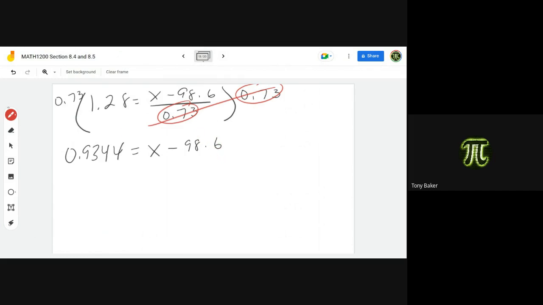Everybody good with that? And now I got to add the 98.6 to both sides. And I got 99.5 equals x.